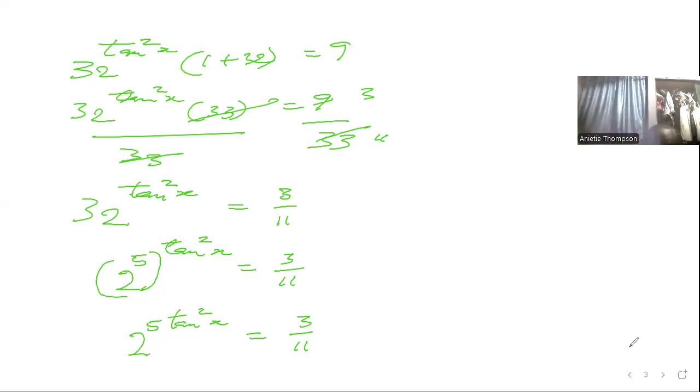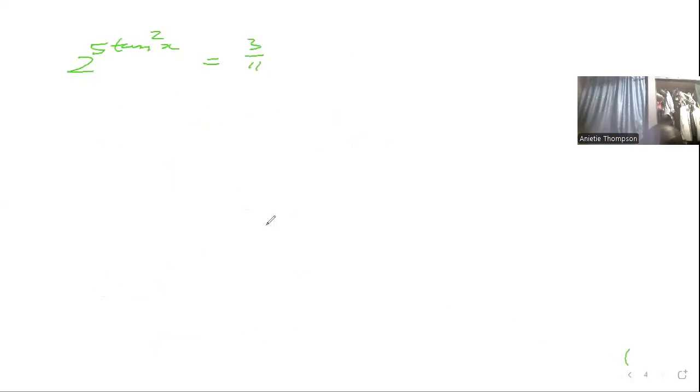All right, so the next thing here that can help us to deal with this is the logarithmic transformation. So I would take log of base 2 to both sides of the equation.